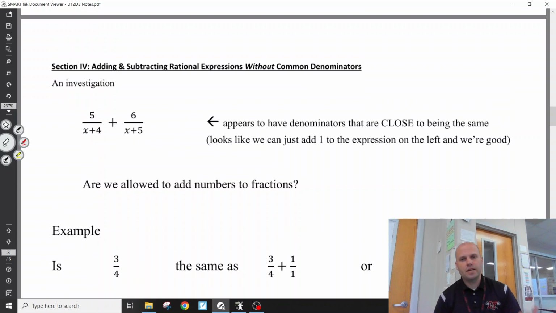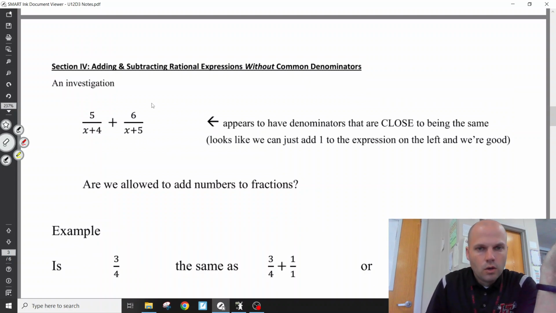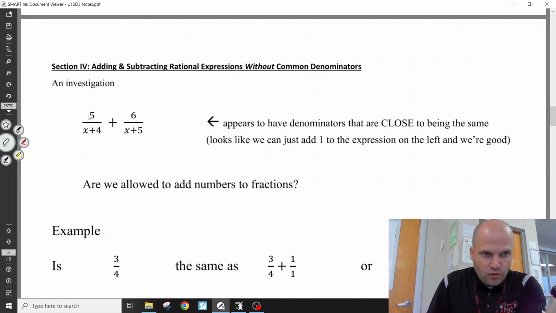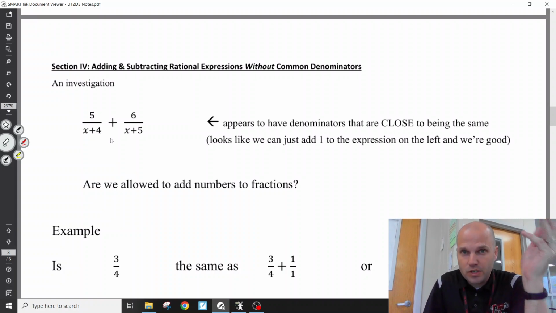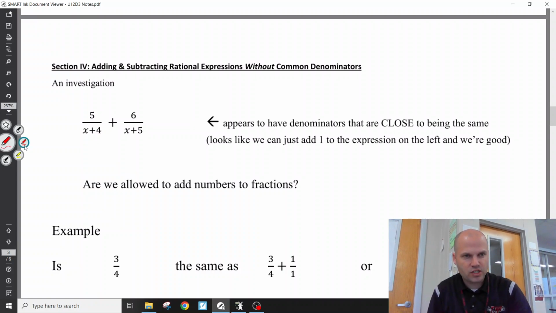Okay, now we get into the complicated stuff. It appears with 5 over x plus 4 plus 6 over x plus 5 that we are very close to having a common denominator, but we don't have it. It appears that I could take just this 4 and add 1 to it, and I get a common denominator.